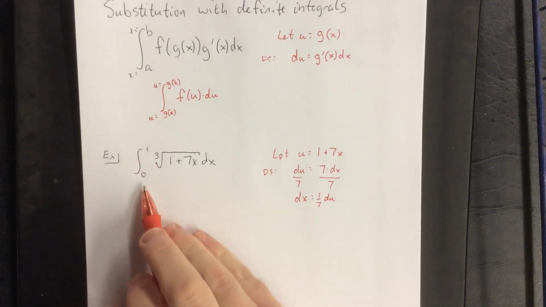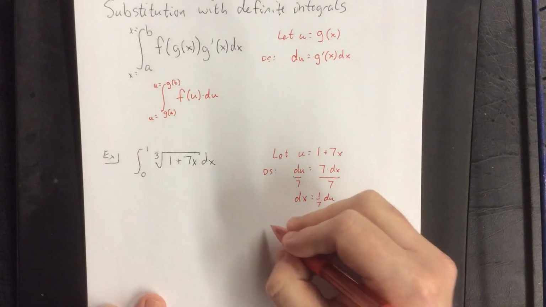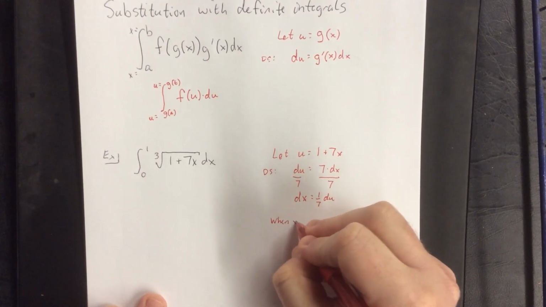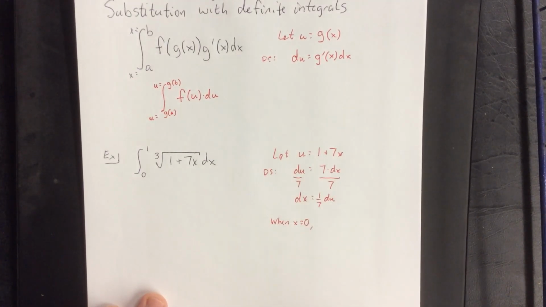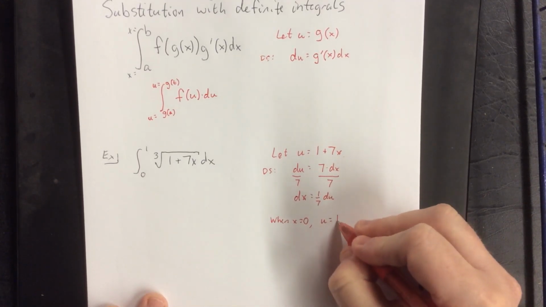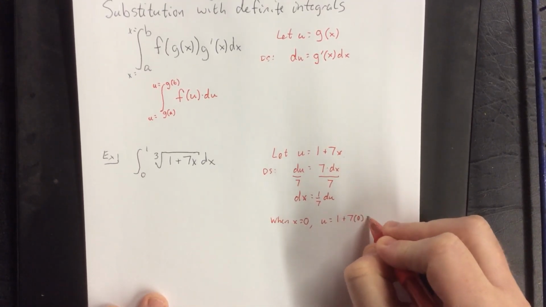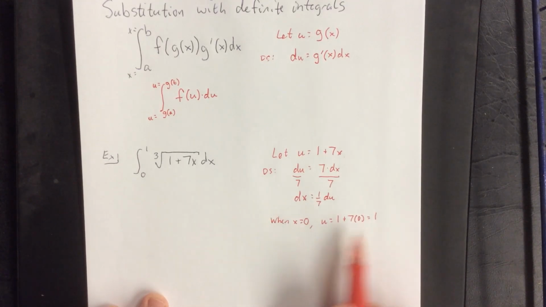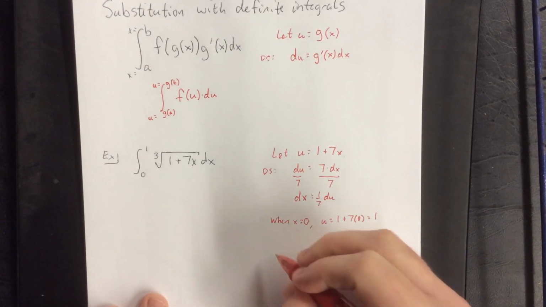Additionally, we'll need to perform a substitution on our two limits of integration. So we can point out that when x is equal to the lower bound, 0, we can plug x equals 0 into this expression and get u. Therefore, the lower bound will be u equals 1.